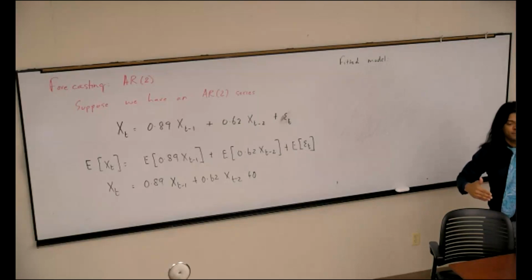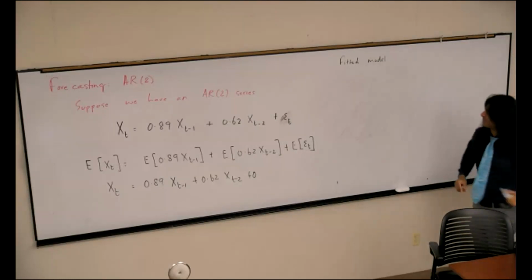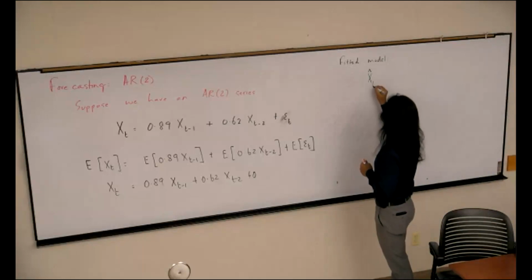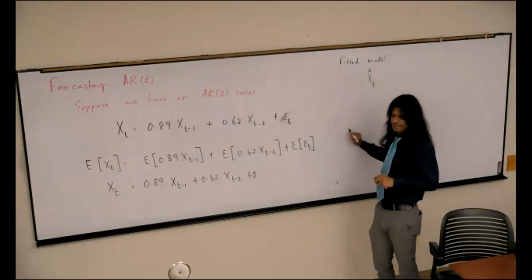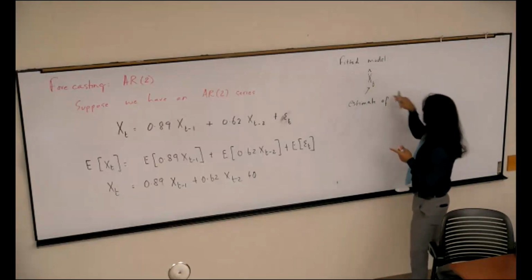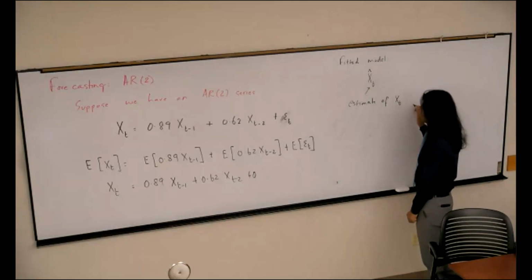But if you have to represent a fitted value, which is an estimate, how would you denote it? With a hat. This is just the notational aspect of things. We'll just put x hat. X hat simply means the estimate. X hat is an estimate for xt.